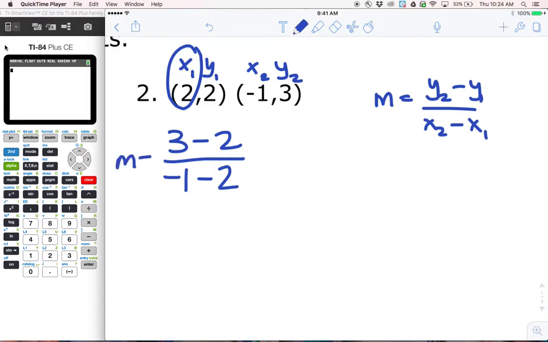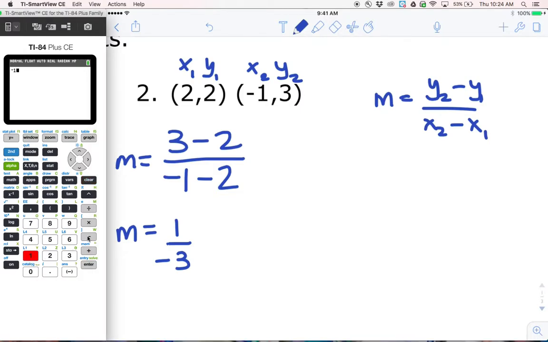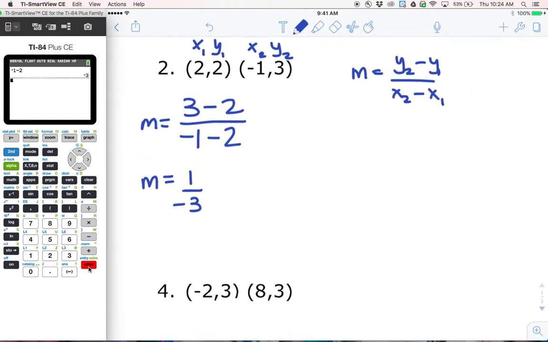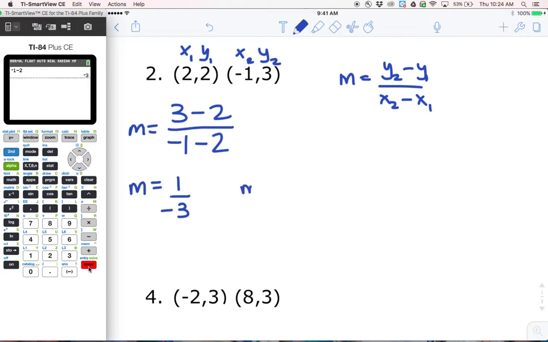All right, so in my case, 3 minus 2 we all know is 1, and negative 1 minus 2 is negative 3. And remember, if you're not sure, you type in your calculator just like that, negative 1 minus 2 is negative 3. It doesn't just mean the 3 is negative, it means that I have a negative slope, right? Negative 1/3 is my slope.